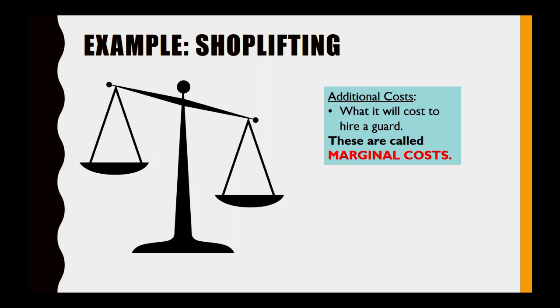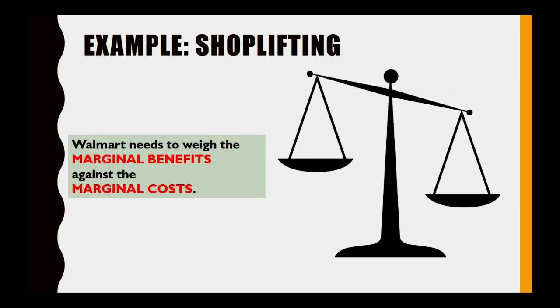So when we hire a guard, we incur a marginal cost. Okay? So Walmart then has to weigh, very simply, the marginal benefits and the marginal cost. It's that simple. So we're getting close to kind of establishing this decision rule. I have to compare marginal benefits to marginal cost. All right? So make sure you have that in your notes.